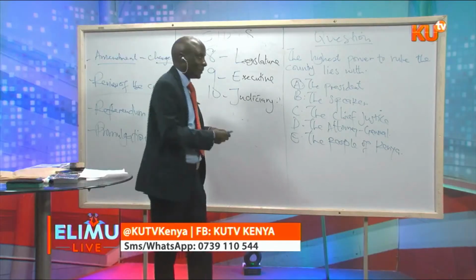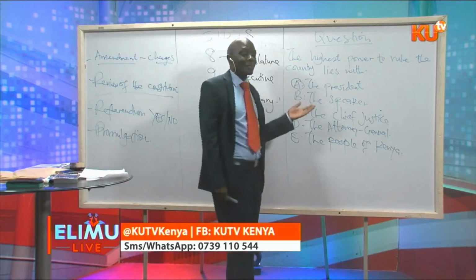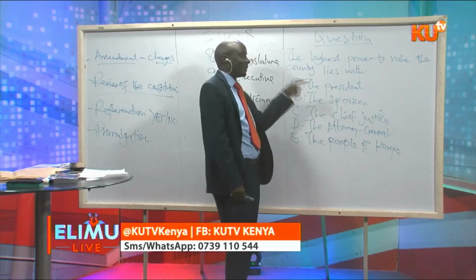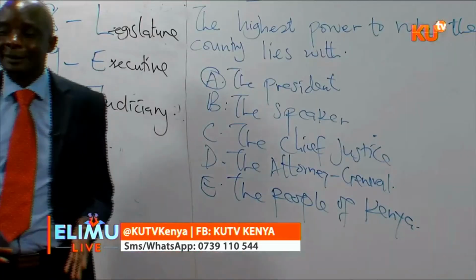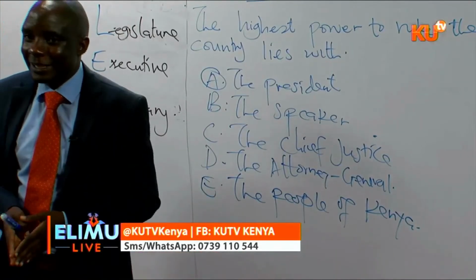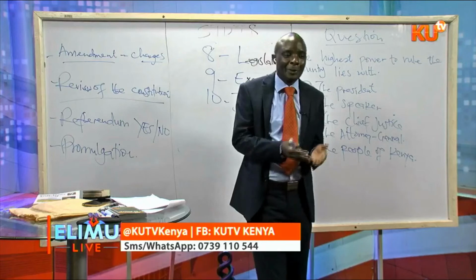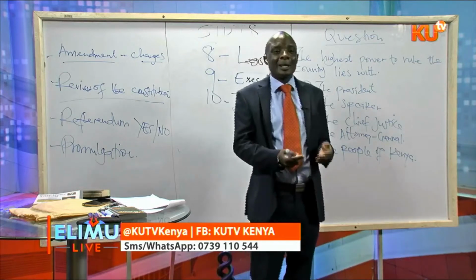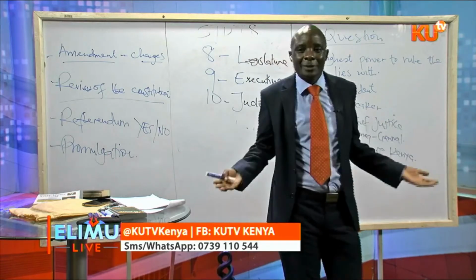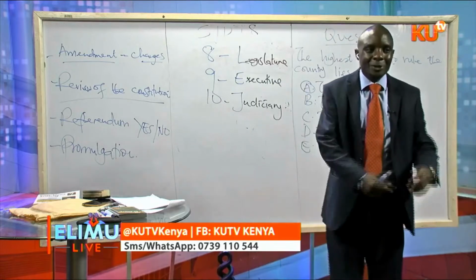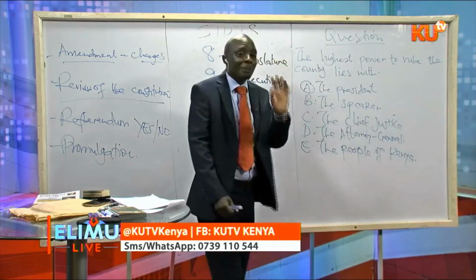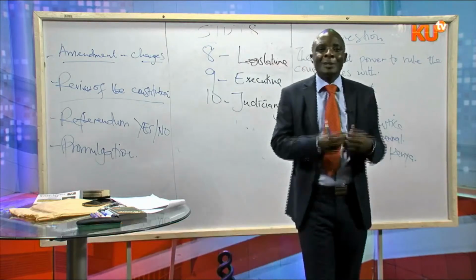If you look at this question here, I think many students will just look at the president because they think the president is the big man. I want to tell you today that the president gets his power from the people. That's why he goes back to the people after every 5 years, so that we can give him a new mandate. So the highest power to hire and fire lies with us.